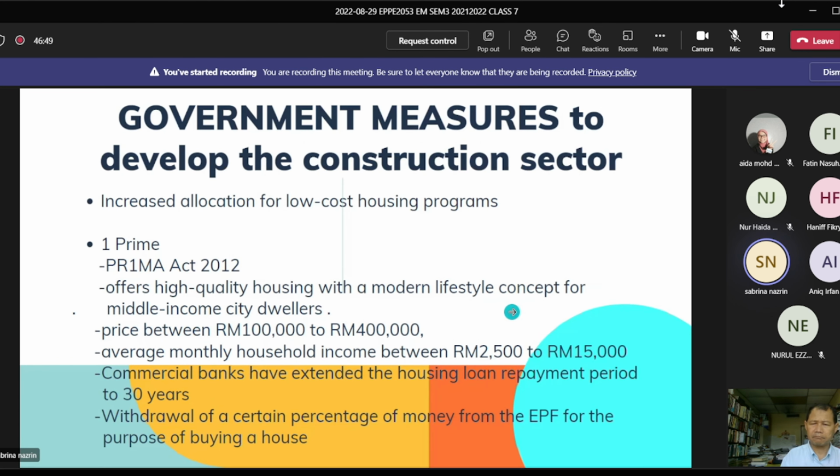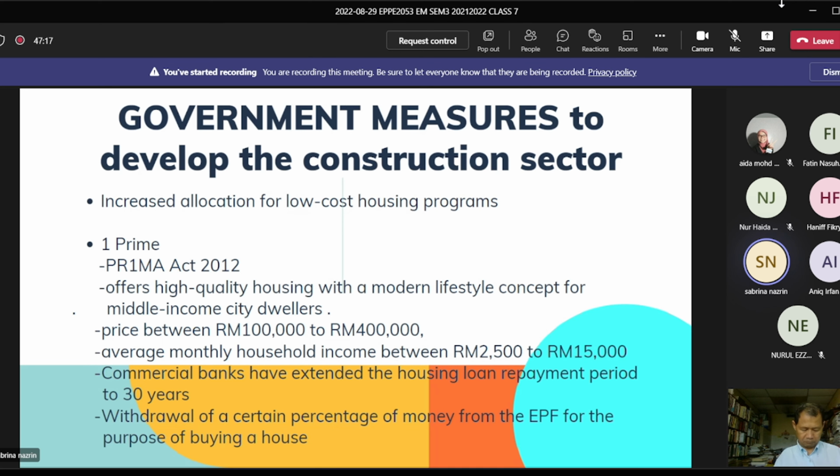For the government measures to develop the construction sector, increase the allocation for low cost housing programs. The first one is the Prima Act 2011 to offer high quality housing with a modern lifestyle concept for the middle income city dwellers.